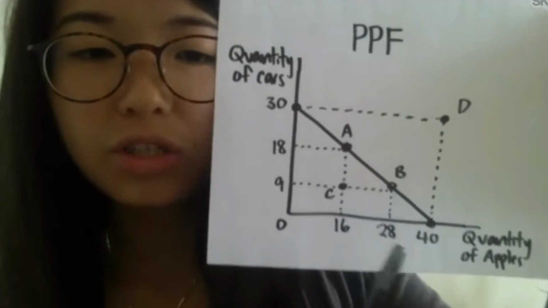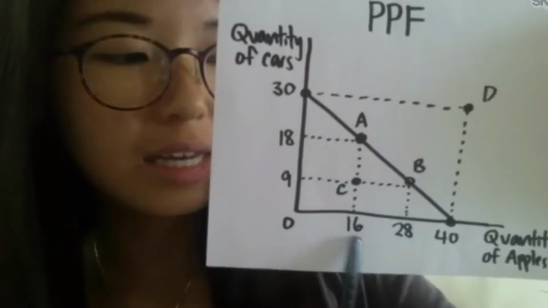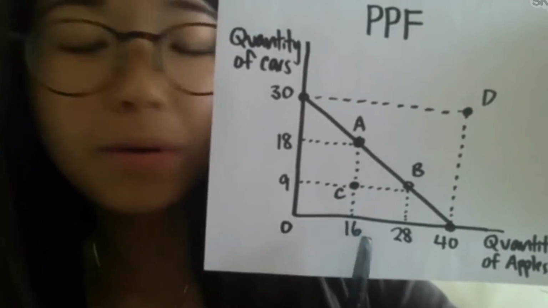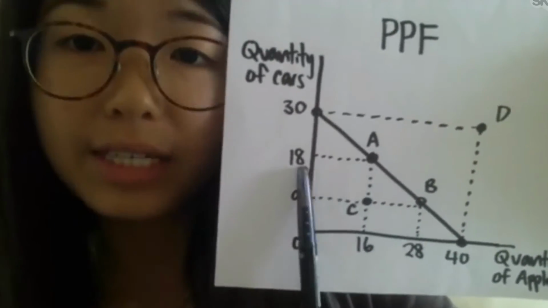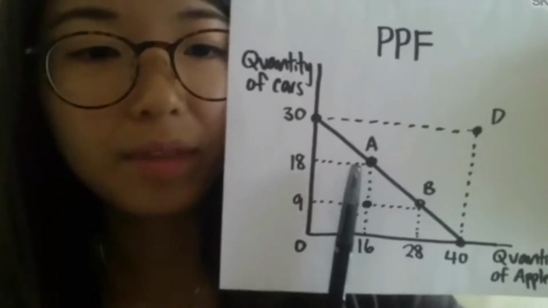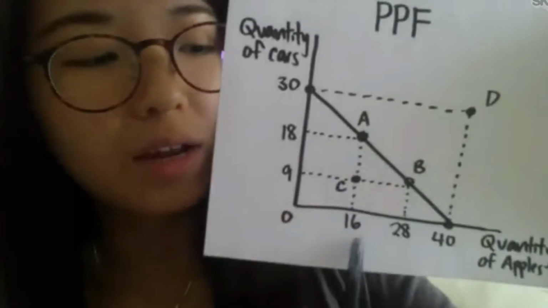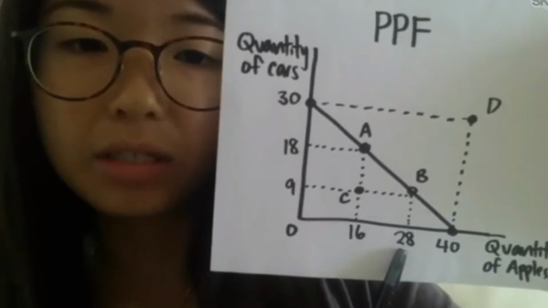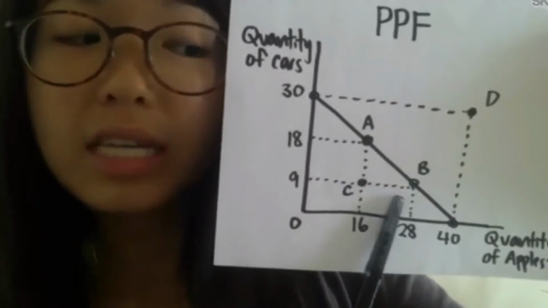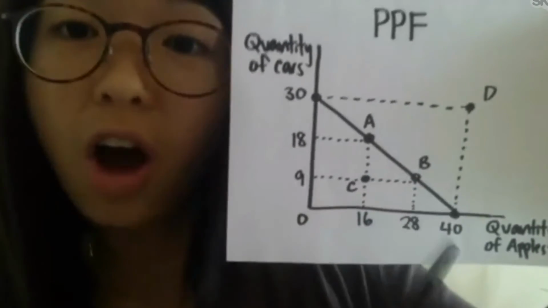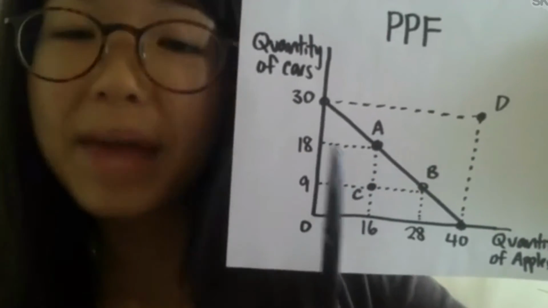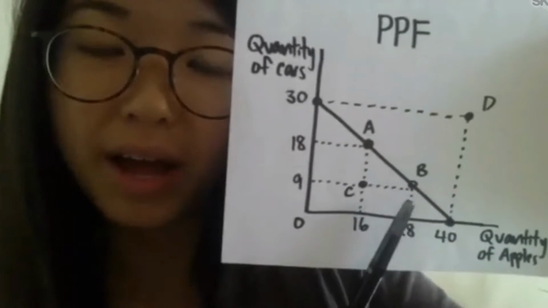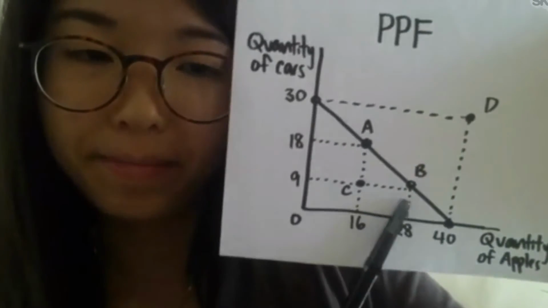So if the US chooses to produce 16 apples, then it can produce a maximum of 18 cars, which is shown by point A. Now let's say it decides that it wants to produce more apples, say going from 16 to 28 apples, then it would have to decrease the quantity of cars that it produces. So from 18 to 9 cars, which is shown by the shift from point A to point B.